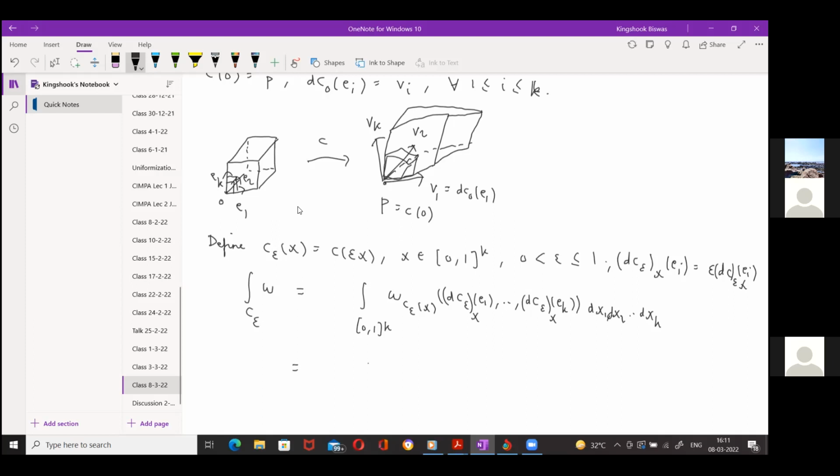This is the integral over [0,1]^k. I'll get omega at the point c of epsilon x, and then inside I'll get epsilon dc at the point epsilon x of e1, up to epsilon dc at the point epsilon x of ek, dx1 to dxk.